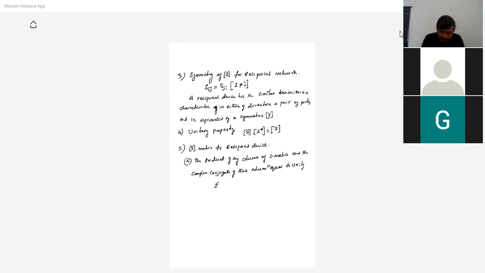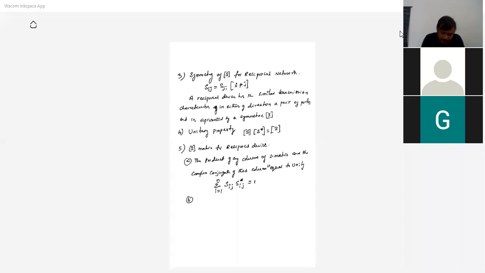You can write sigma i is equal to 1 to n, Sij into Sij conjugate is equal to 1.